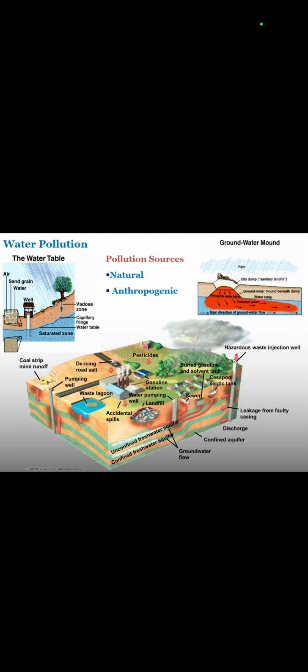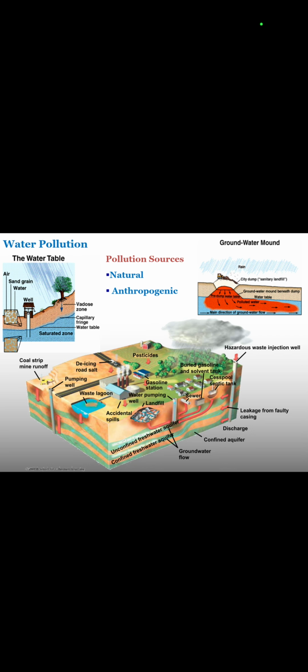The sources of water pollution in general, both for surface water and groundwater, are natural and anthropogenic. When I say natural pollution, it means that because of the kind of geologic setup at the subsurface, the aquifers could be a natural source of contamination.